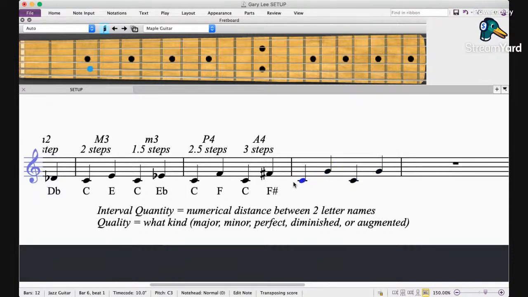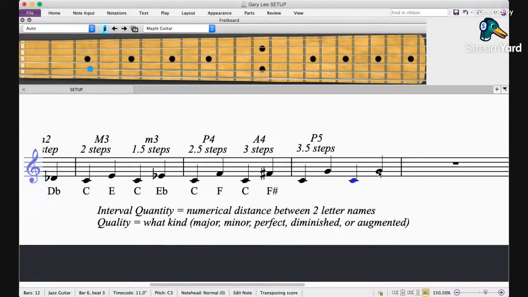So from C to G, the quantity is a fifth, and the quality is perfect. And so from C to G, we can see it's 1, 2, 3.5 steps, equals a perfect fifth. So remember, there's no major or minor fifths. There's just augmented and diminished.